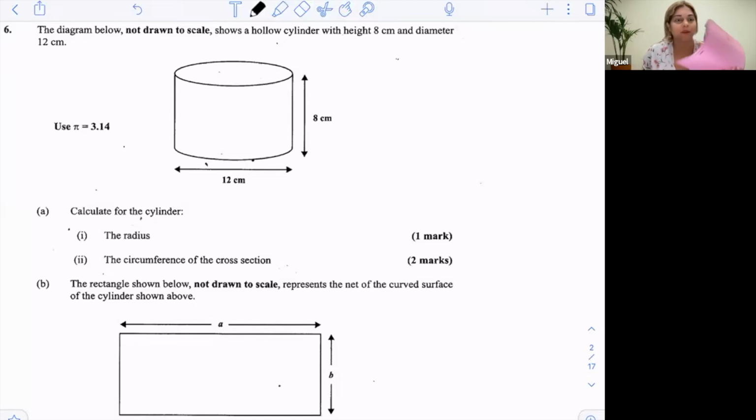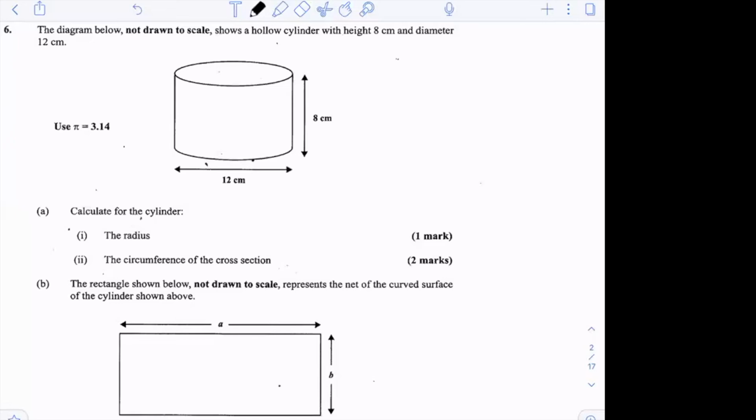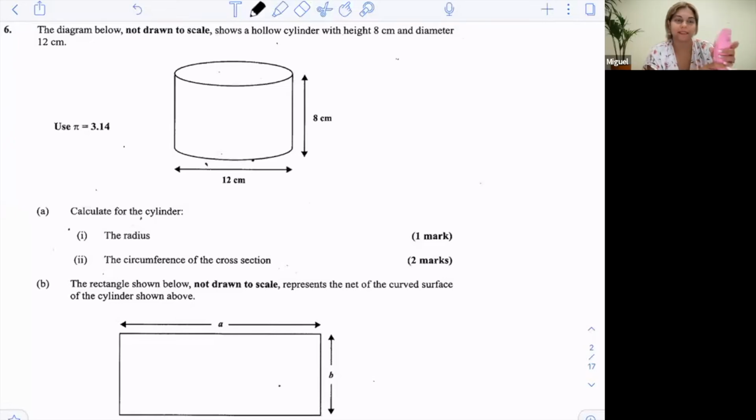All right, are you all seeing my paper? Can you all see the 12 and the 8? I should have written it a little bit bigger. Do you see that I can form a cylinder?